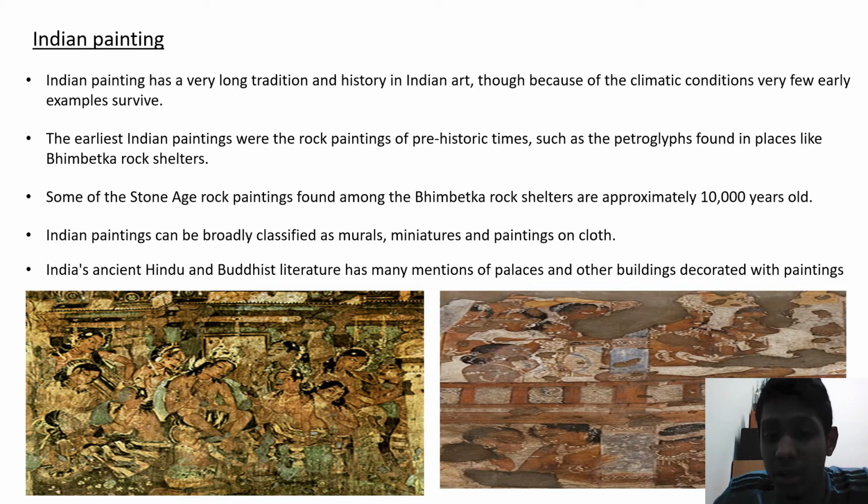They must draw in a cave or on the rock. So they always draw figures of human beings. In India, ancient Hindu and Buddhist literature has many mentions of palaces and other buildings decorated with paintings. So you can see this kind of paintings in the buildings and palaces.